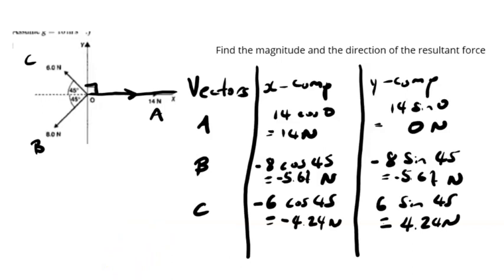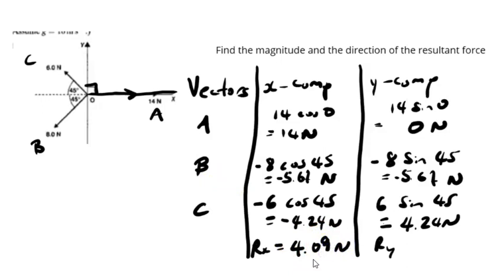Alright, I've gone ahead and calculated that for us. Let's find our Rx and our Ry. We're going to add up everything. We have 14 plus that minus 5.67 minus that 4.24, and we end up with 4.09 newtons.